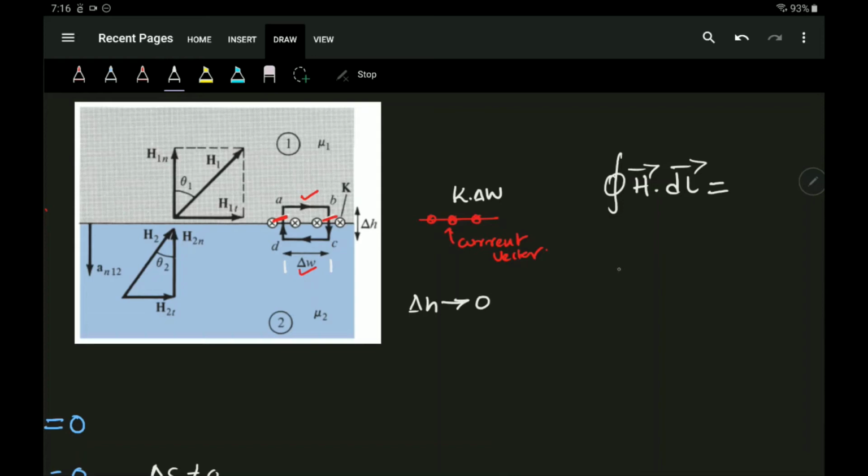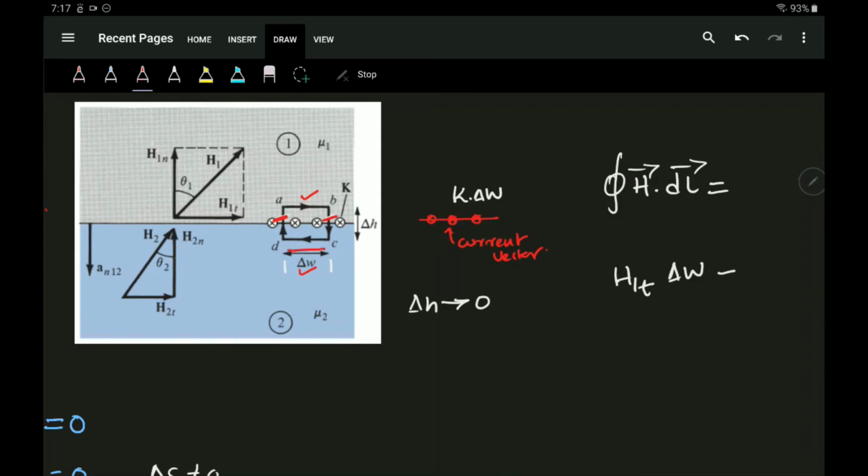Hence that can be written as H1t of the width del w, this is H dot dl, minus the second path, which is from c to d.